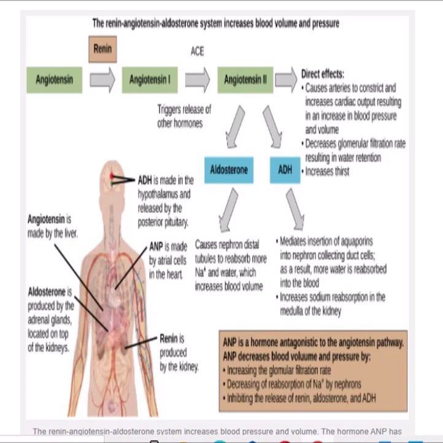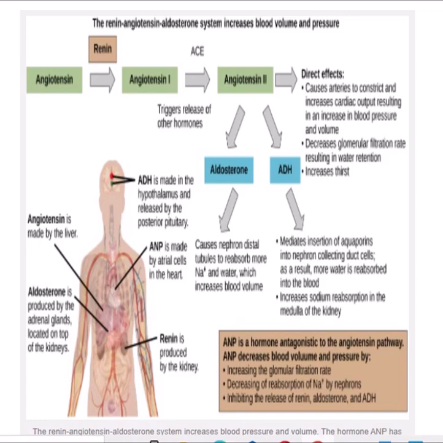Now, let's talk about mineralocorticoids. Mineralocorticoids are hormones synthesized by the adrenal cortex that affect osmotic balance. Aldosterone is a mineralocorticoid that regulates sodium levels in the blood.